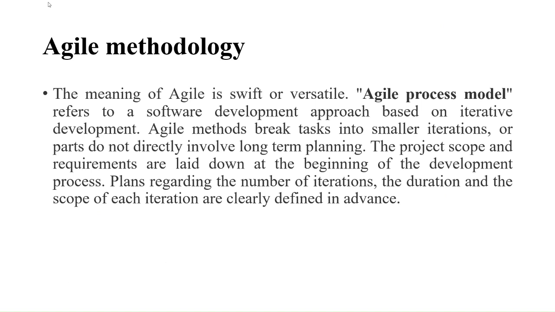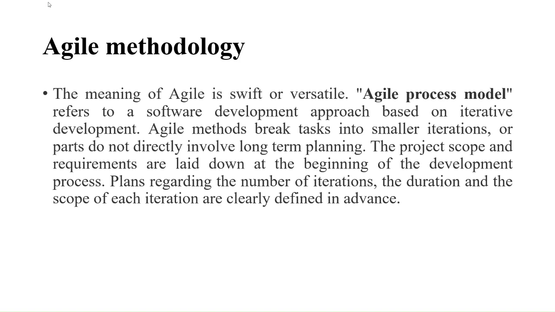In agile methodology, it is iterative development, which means loop. It is a loop-like structure, and after completing one phase, another phase is repeated. That is known as iterative development.